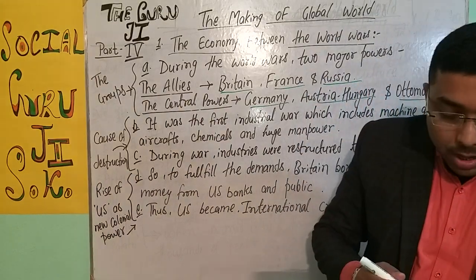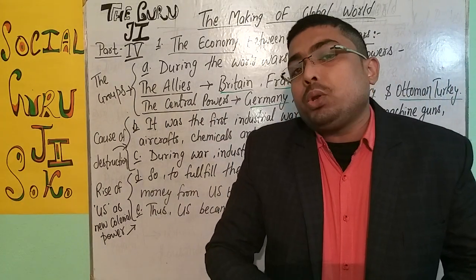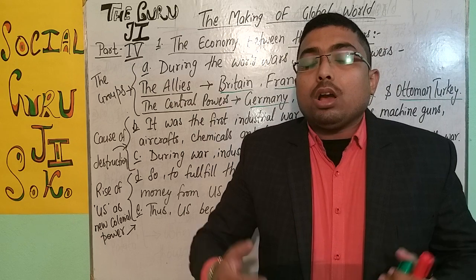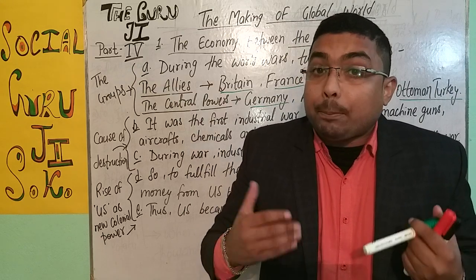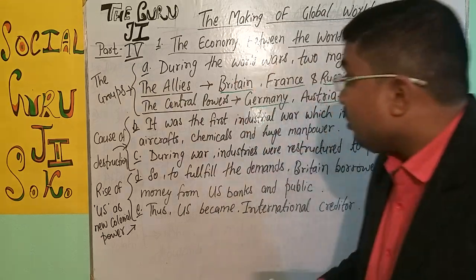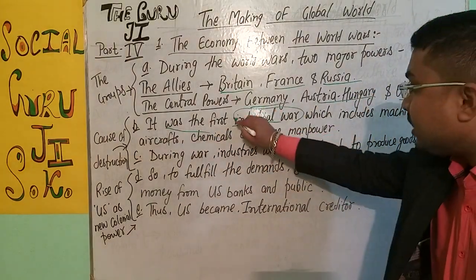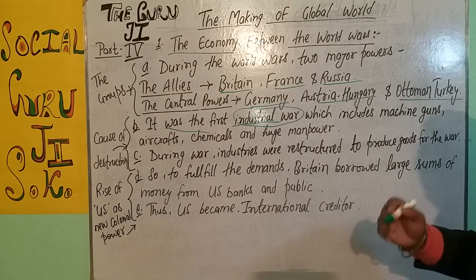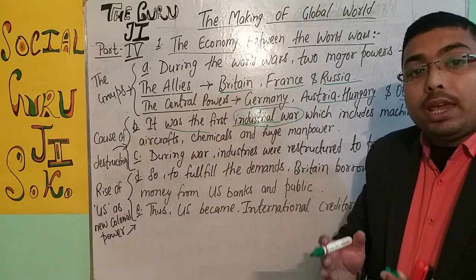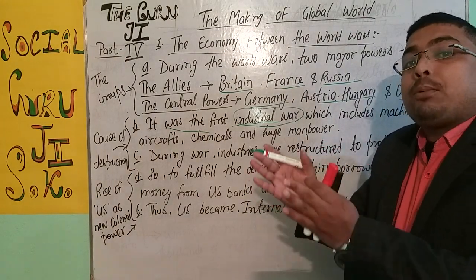Now, cause of destruction. It means हम लोग ये पढ़ेंगे कि क्यों during this war a huge financial crisis happened. Because it was the first industrial war. Yes, industrial war. In this war, everything was totally based on industrial production.